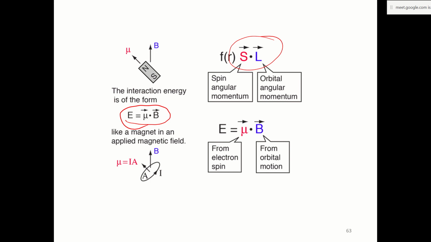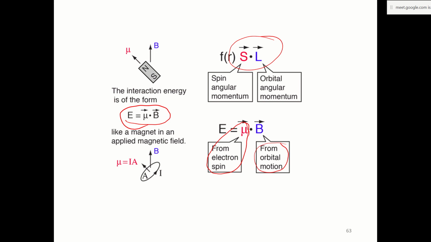So the energy is related to electronic motion. The electron spin is taken to be a tiny magnet, and the orbital motion is taken to be a magnetic field, that is also a magnetic moment, but it behaves as a tiny magnet.